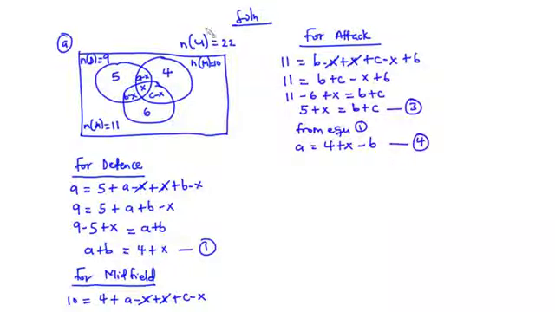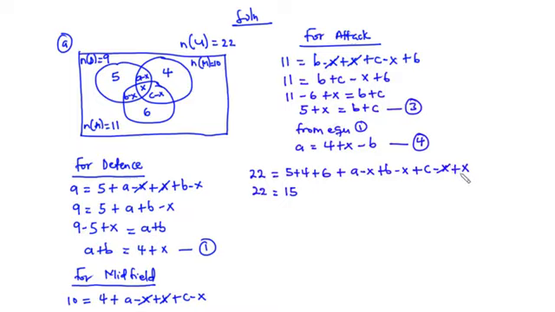Now let's consider the universal set. So members in the universal set sum up to 22. So we have 22 equals everything within the circles. So that is 5 plus 4 plus 6 plus A minus X plus B minus X plus C minus X plus X. 5 plus 6 is 11. 11 plus 4 is 15.